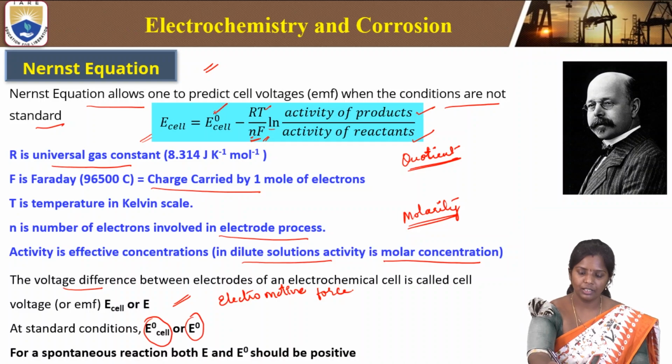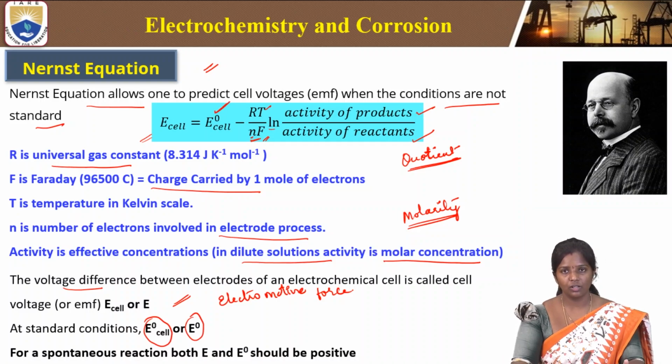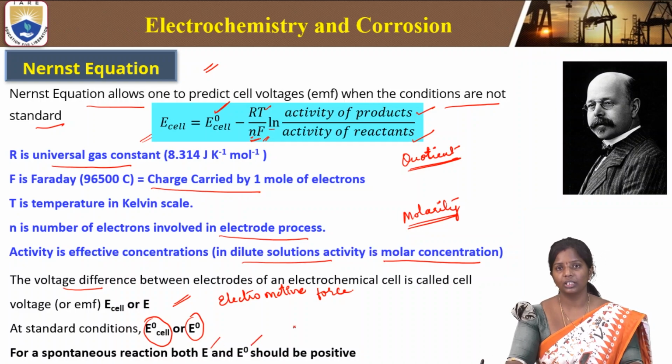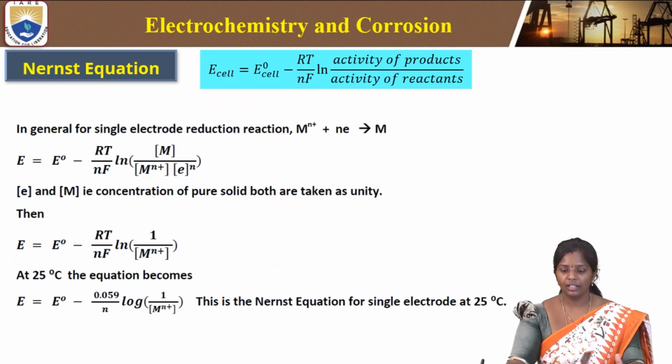This also indicates the spontaneity of a reaction. Any spontaneous reaction will have a positive value for both E and E naught, so the electrode potential value we obtain is positive.